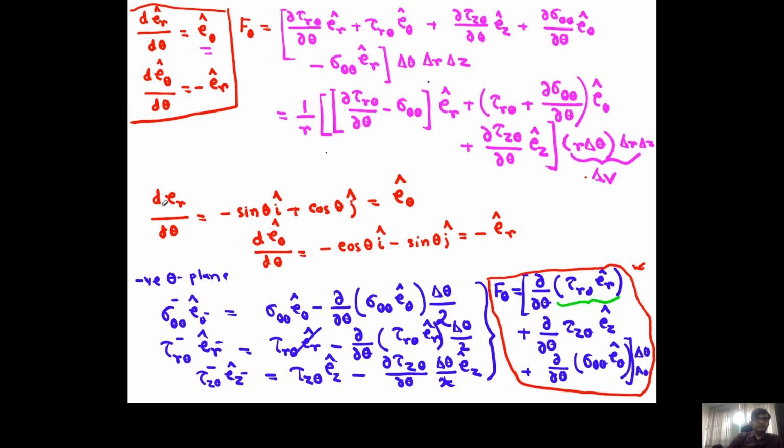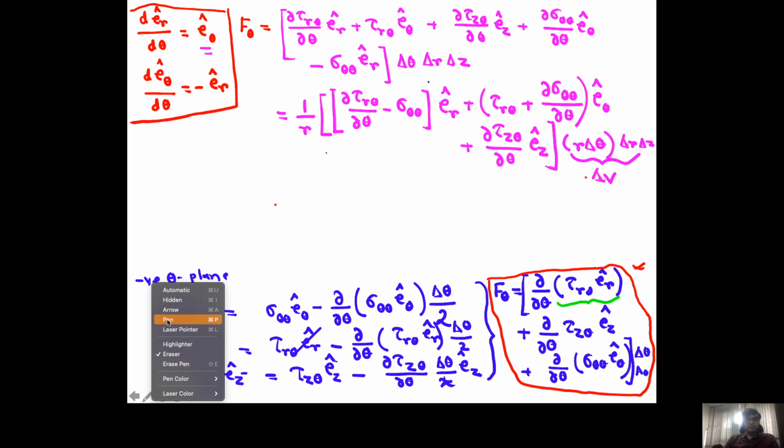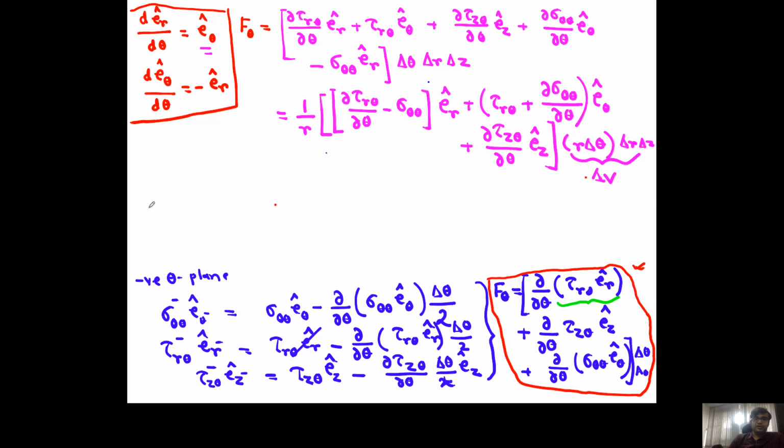So if we have our f theta now finally, to combine or to associate it with fr and fz, which were computed in the last lecture, we are now ready to do the momentum balance. I mean, the title of the class is linear momentum balance, but we have done everything apart from that.